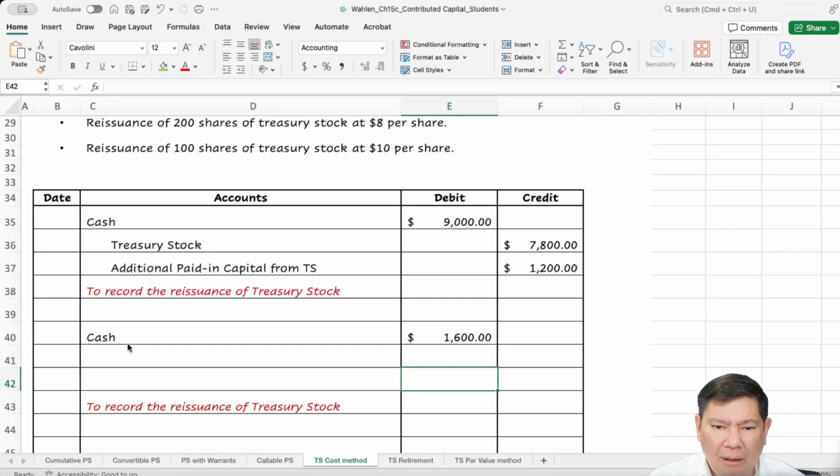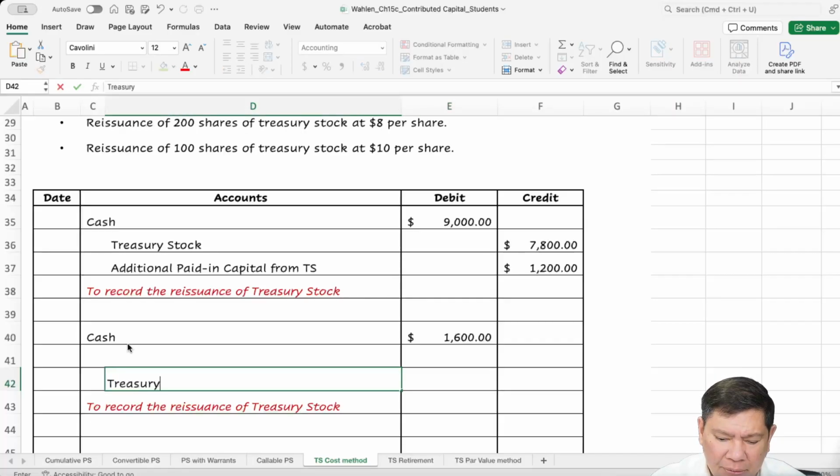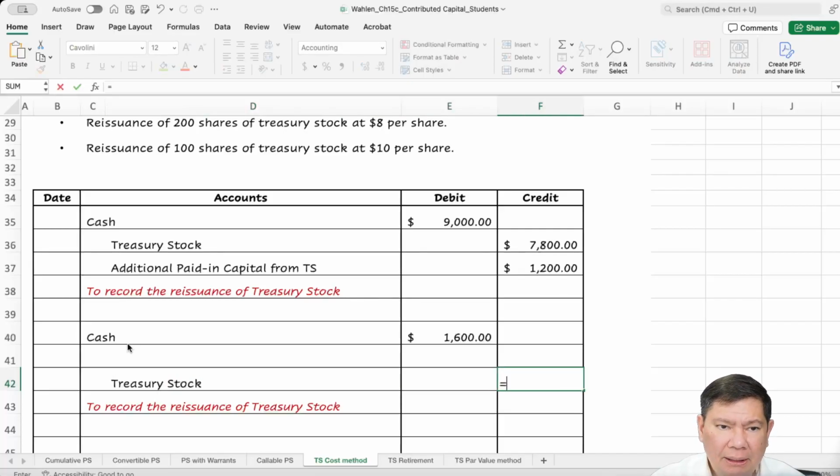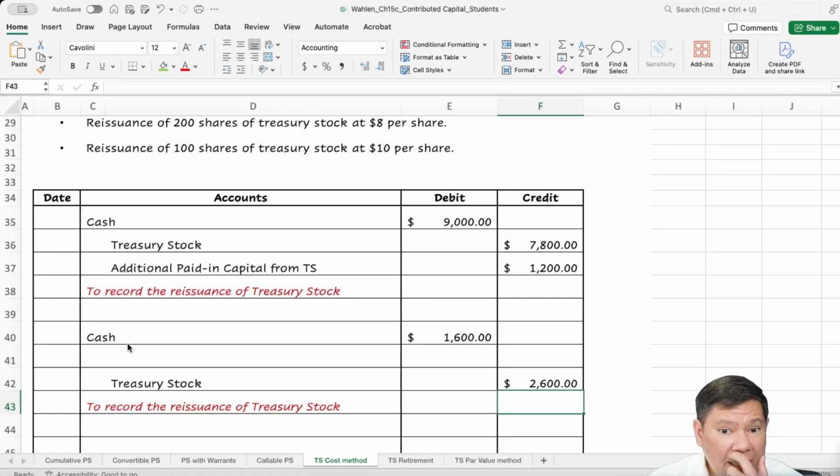But the amount we have to deduct from our treasury stock account was 200 shares times 13, which is 2,600. So we're losing about $1,000 here.